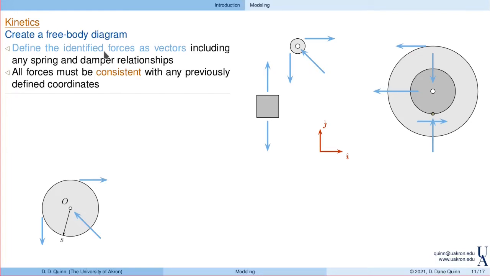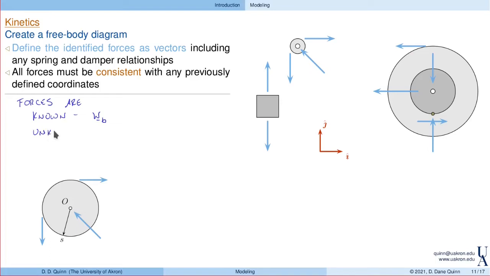So again, we want to define the identified forces as vectors. And if we have a spring or damper, we want to make sure that we get that relationship right, so that those forces, and specifically those spring and damper forces, are consistent with the way that we're defining the coordinates. So notice that forces are either known, and a good example of those are the weights, so the weight of the block.